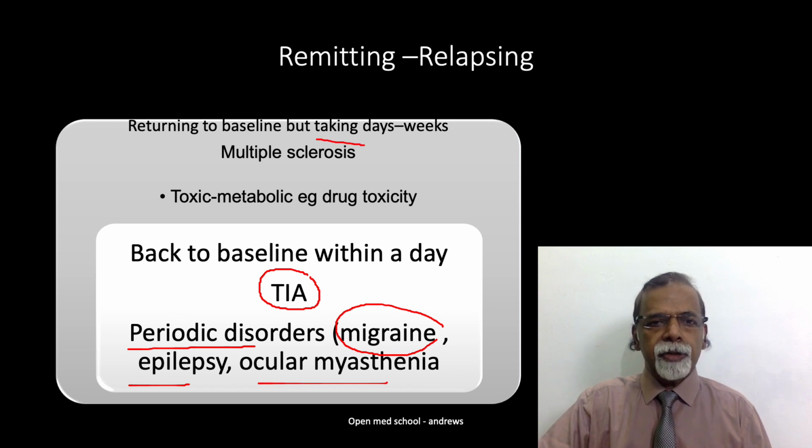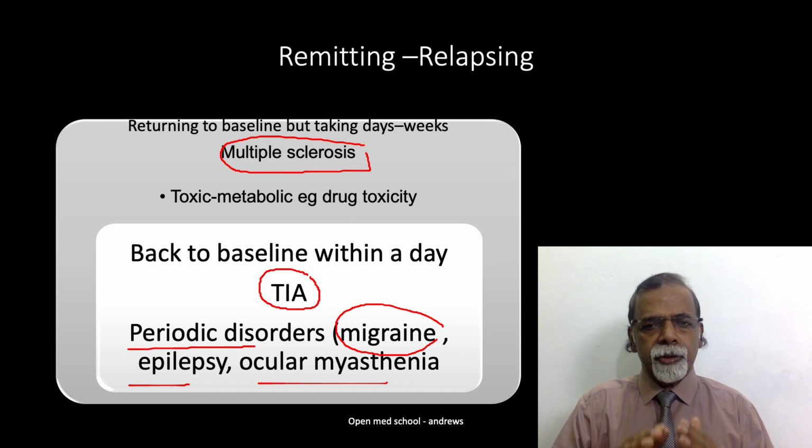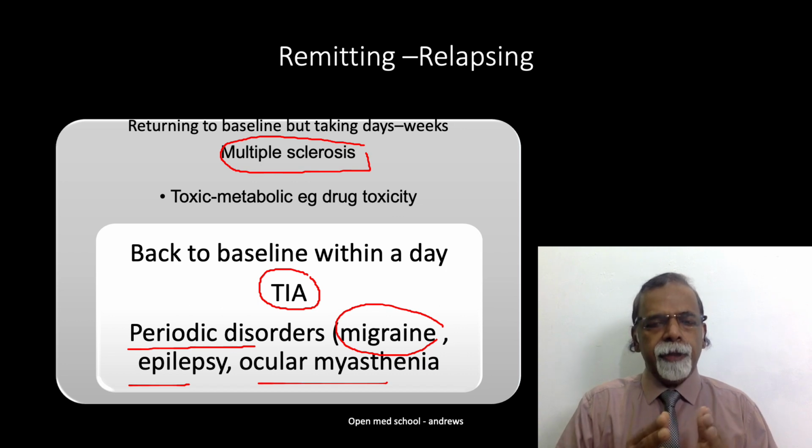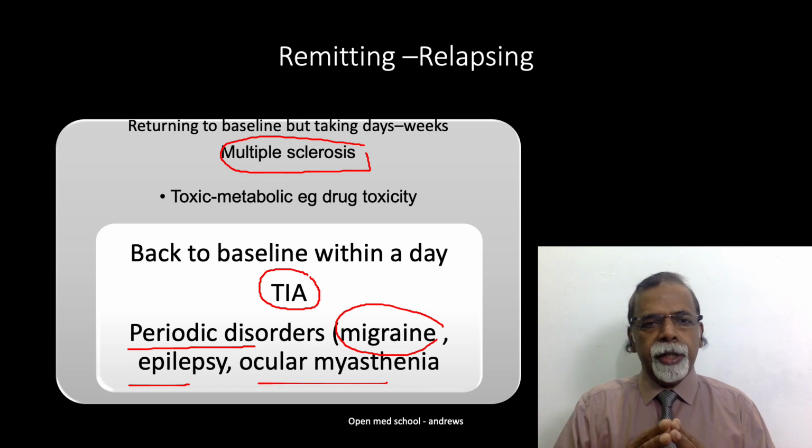Example, multiple sclerosis. One attack of multiple sclerosis occurs, the deficit lasts, and after some time it improves completely and again it may recur. Second example is toxic and metabolic problems, drug-induced problems. It may not come to normal within one day, but it may take few days or weeks for complete remission.